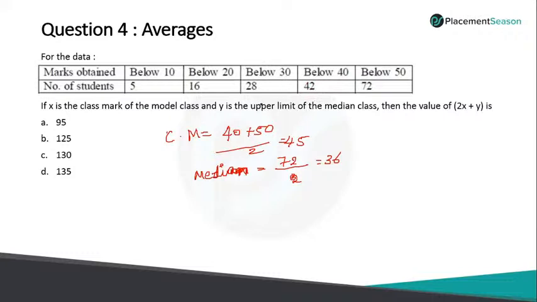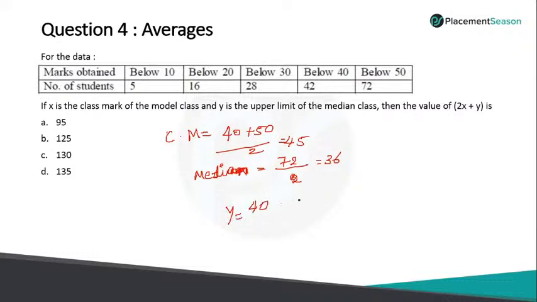Below 30 is 28, below 40 is 42, which means 36 lies between 28 and 42. So the range should be 31 to 40. The lower limit is 31, but the upper limit is 40. So that should be the value Y, the upper limit they are asking. So Y is equal to 40.